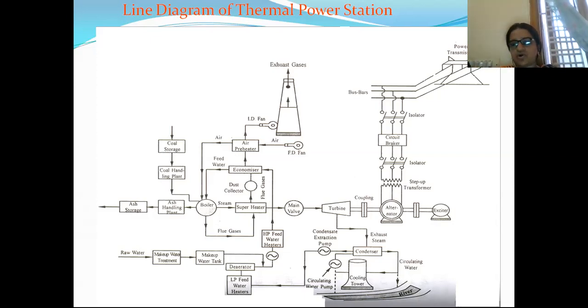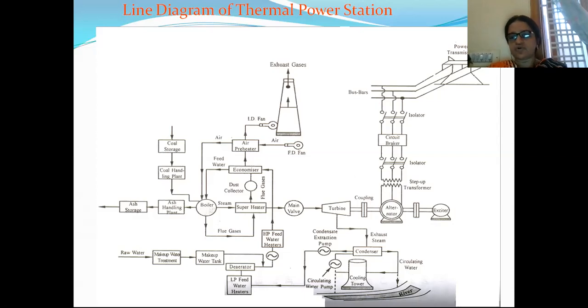It will create a negative pressure, meaning it will try to remove the flue gases and dust, and supply them to the chimney, so that the chimney will remove them from the thermal power plant. This is the work of the induced draught fan.